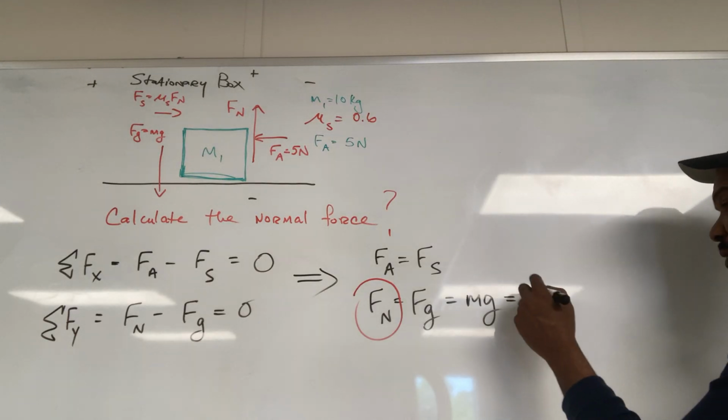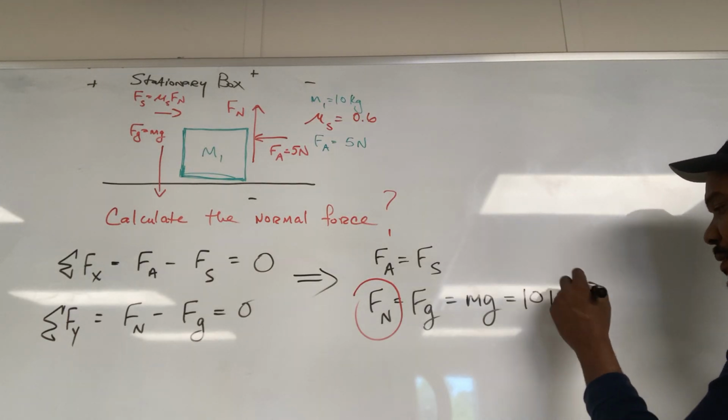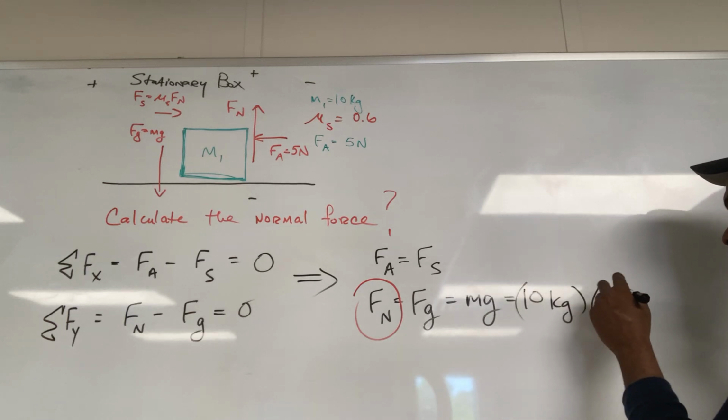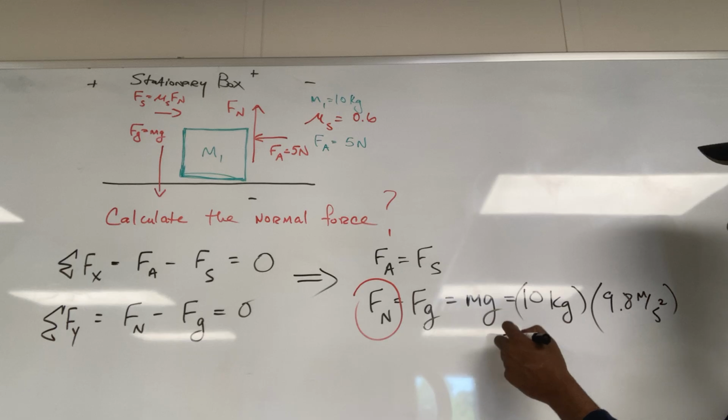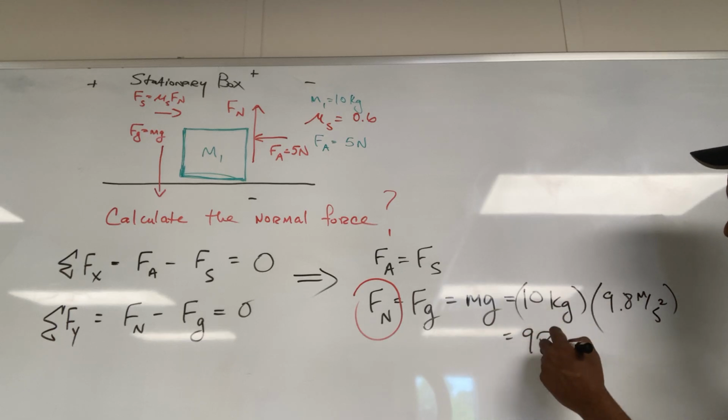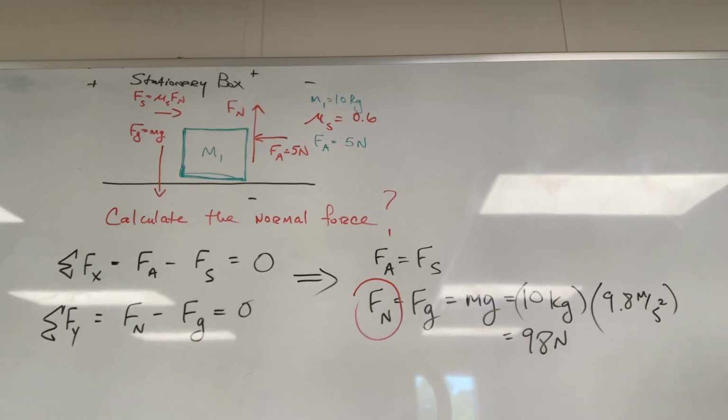Right? Which would be what? 10 kg times 9.8 meters per second squared. Which is going to give us 98 newtons. So that would be the normal force.